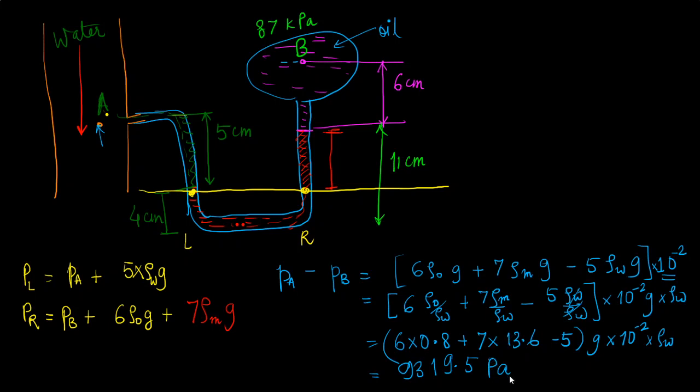Okay, are you getting the same answer? So then what is the pressure at point A? It will be equal to this 9319.5 plus the 87 kilopascals, 87,000.